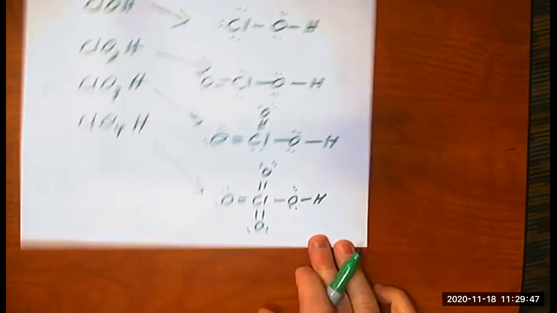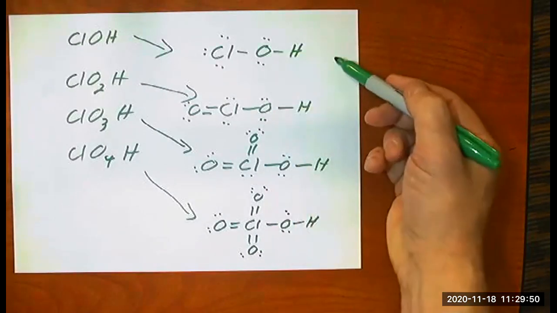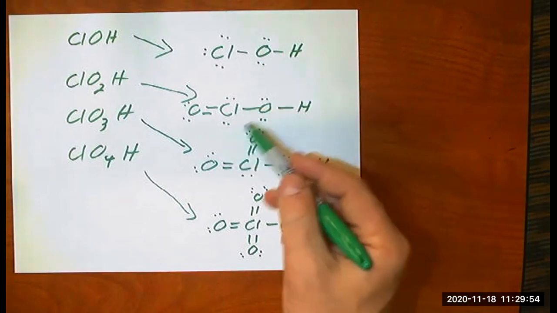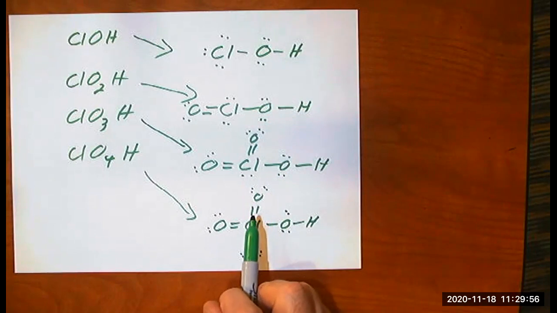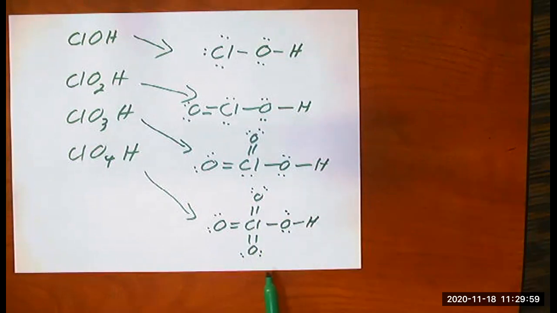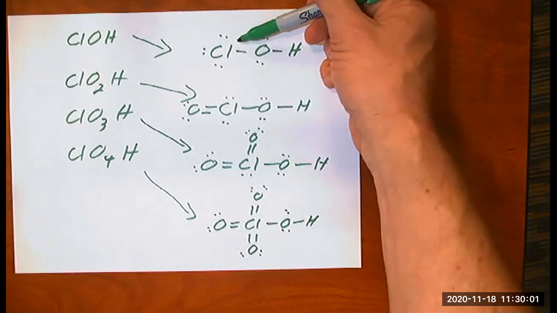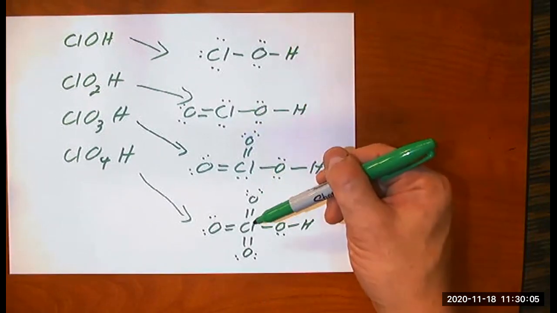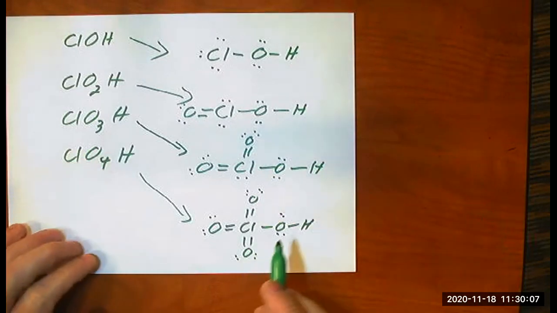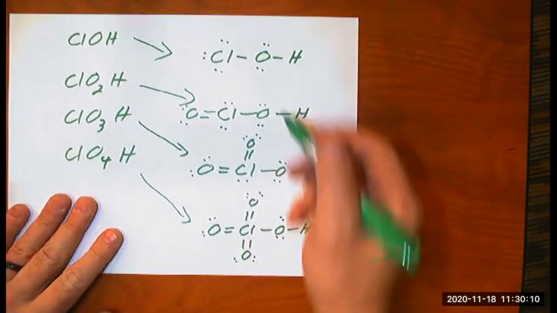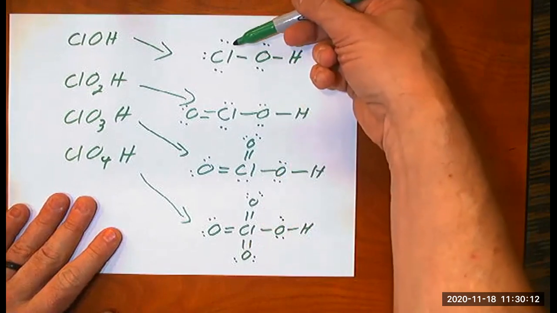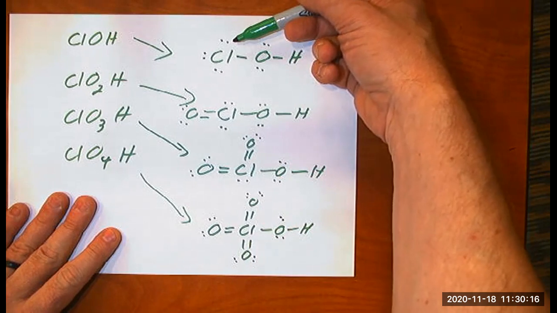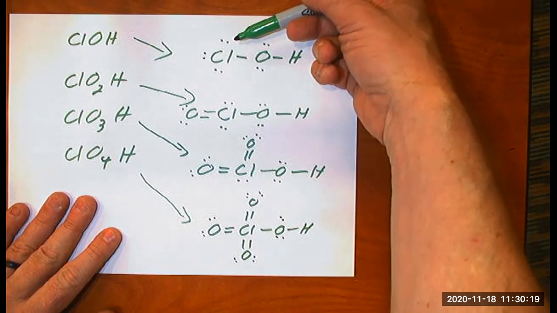So these are called oxoacids because the hydrogens are attached to oxygens, and those oxygens are then attached to a central atom of some sort. Okay. So the thing that is going to matter in these cases is what is the oxidation number of these chlorine central atoms. So if we go through and look at oxidation number, what do we get for the oxidation number of chlorine in this case right here? Chlorine is less electronegative than oxygen.